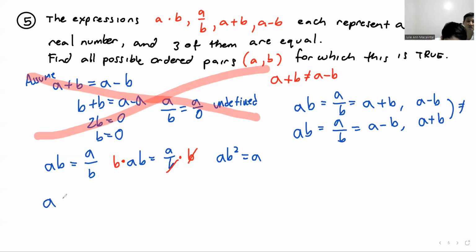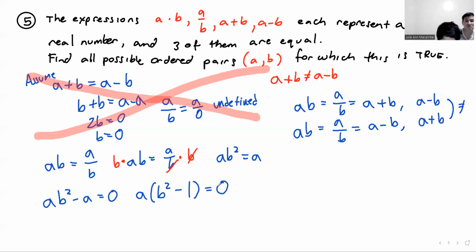Now, ab squared minus a equals 0. So we transpose a, and then factoring out a, we end up with a times quantity b squared minus 1 equals 0.